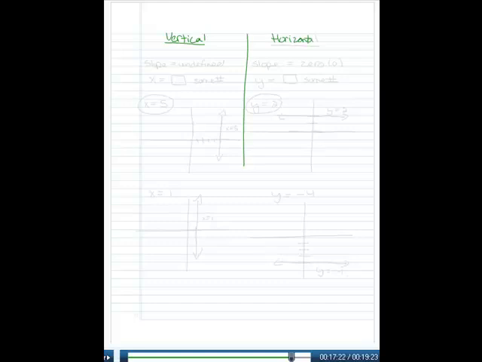So again, vertical lines have a slope that's undefined, whereas horizontal lines have a slope that is always 0. Okay. Vertical lines are always written in the equation form x equals, and I'm going to just say some number. And horizontal lines are always written y equals some number.